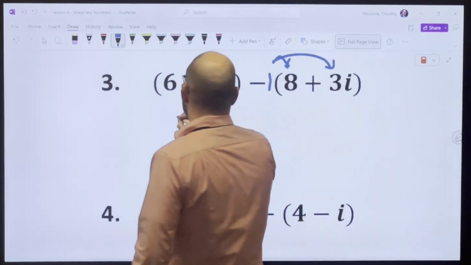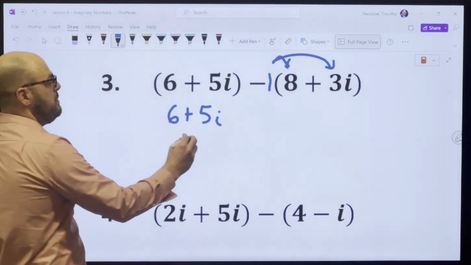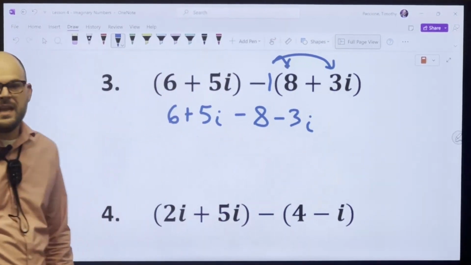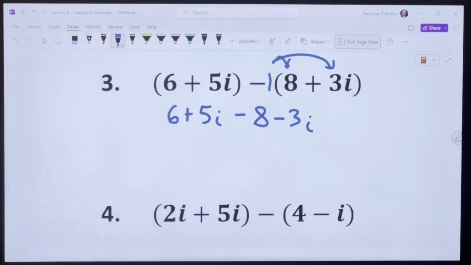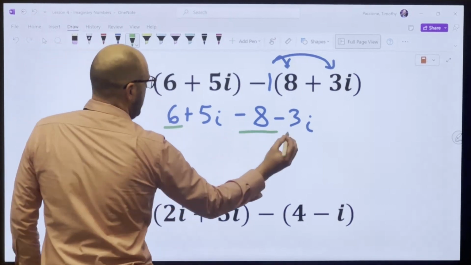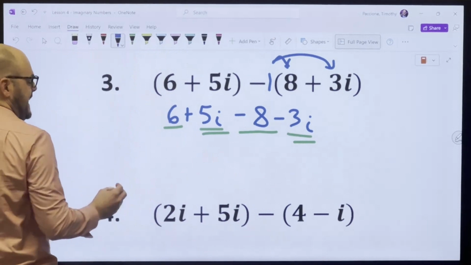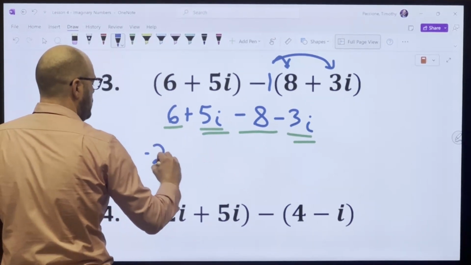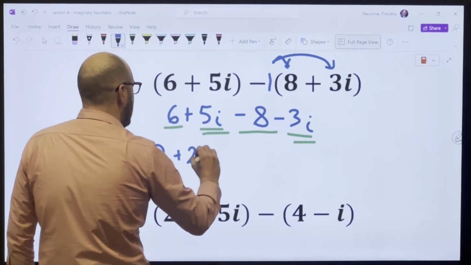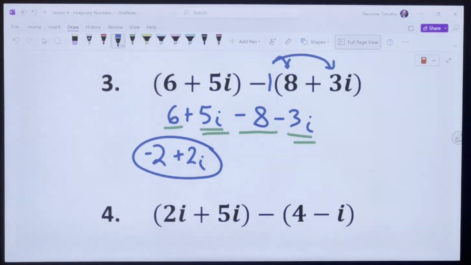You can just bring down the first parentheses, and then the second one would be -8 minus 3i. Now I combine my like terms: 6 and -8, 5i, -3i. 6 minus 8 is -2. And then 5i minus 3i is plus 2i. And there is my simplified expression.